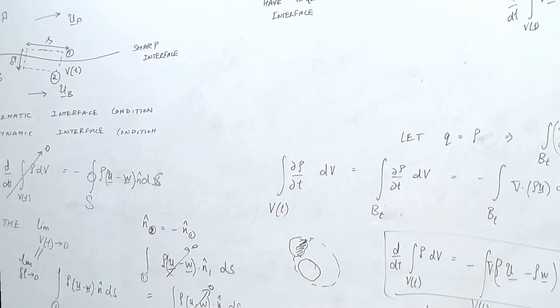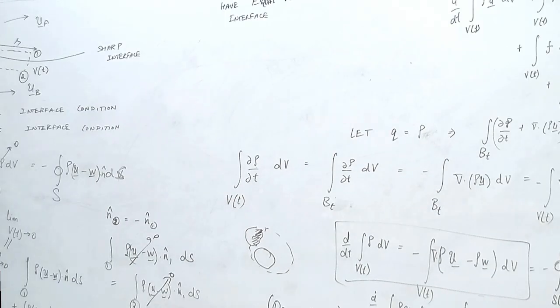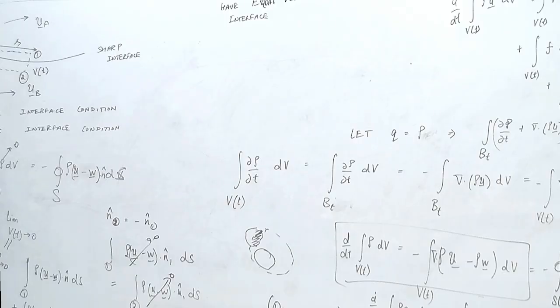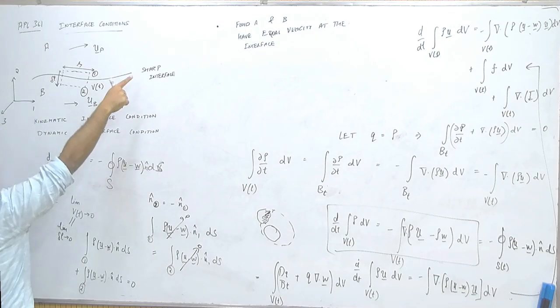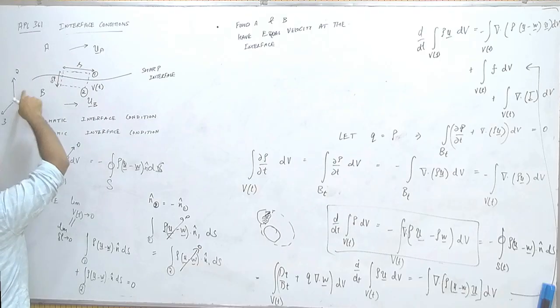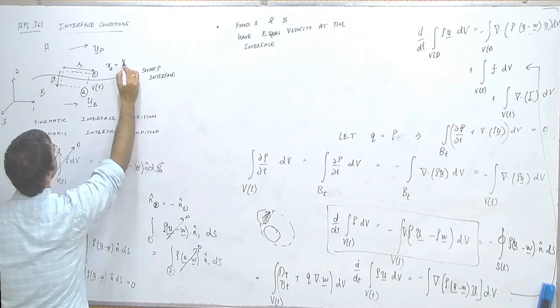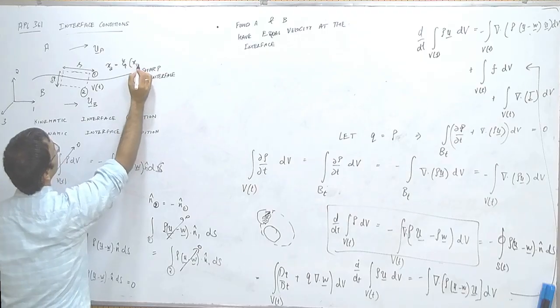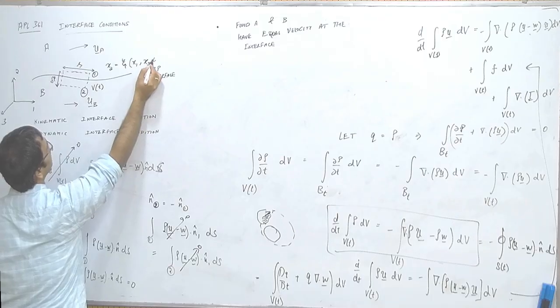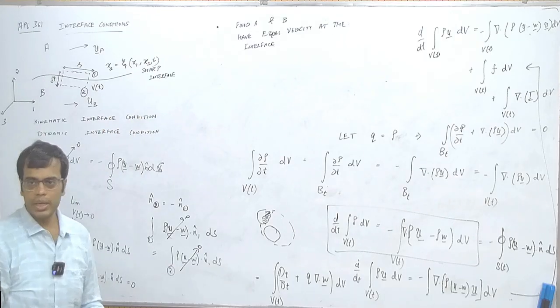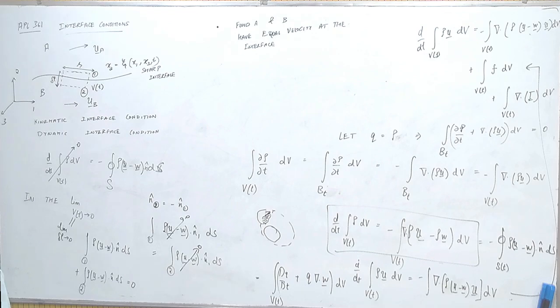Now, to know what that velocity is, oftentimes what we will need is, let us say these are your coordinate systems, this is 1, 2, 3, and you can define the surface of this interface as x2 equals some c of x1, x3, t. Okay, that is what a surface is, right? Surface equation.